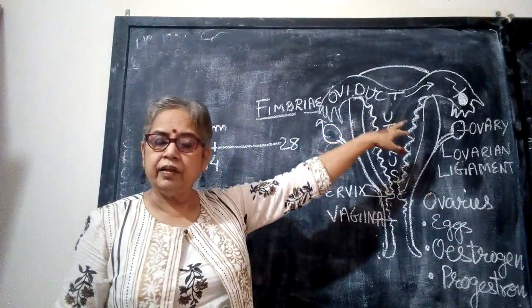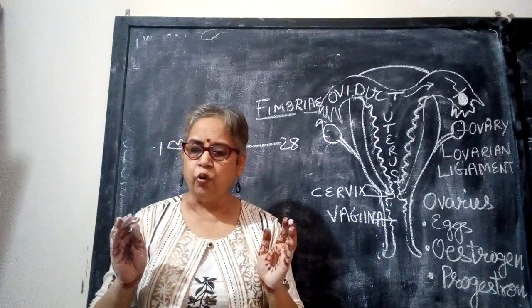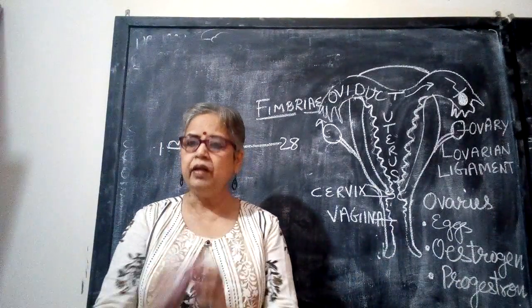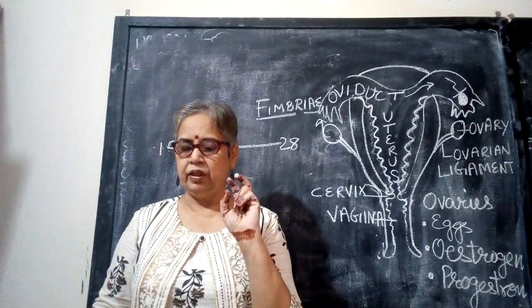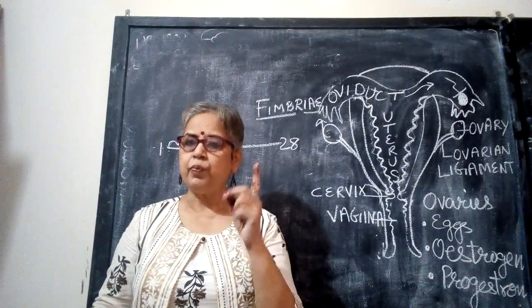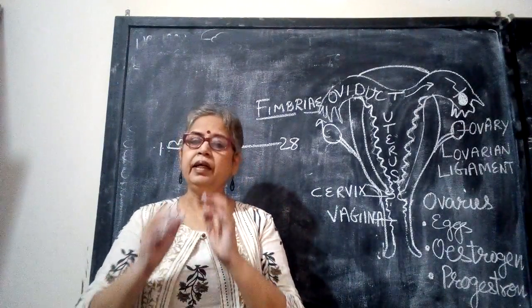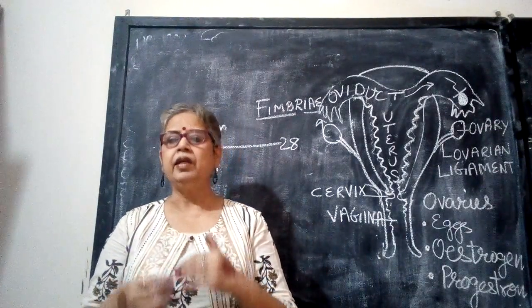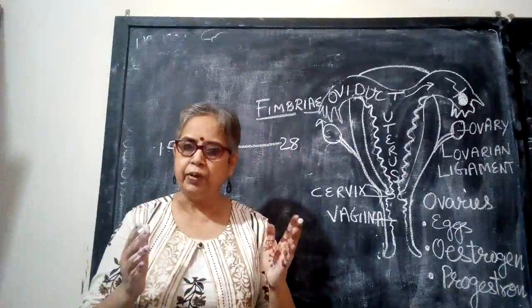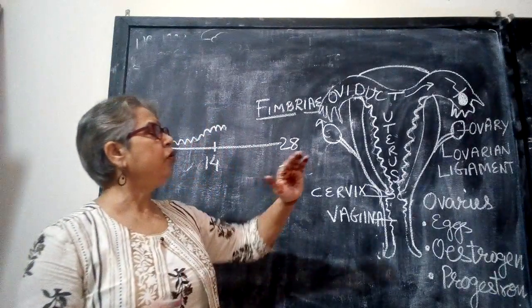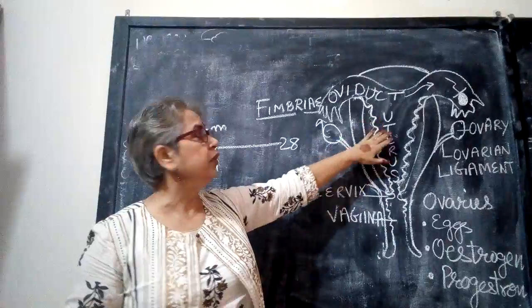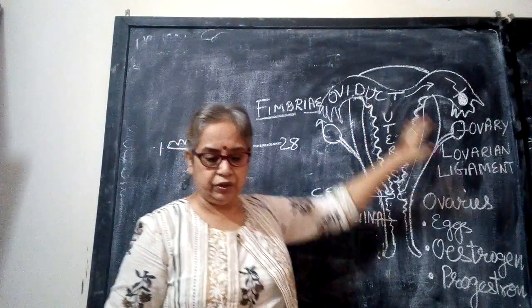The fertilized egg is now called a zygote. You have to remember that the zygote is a single cell with a diploid nucleus, because one nucleus is from the sperm and one from the egg. It immediately starts division and multiplication, and it changes into an embryo. The embryo is moved from the oviduct into the uterus.